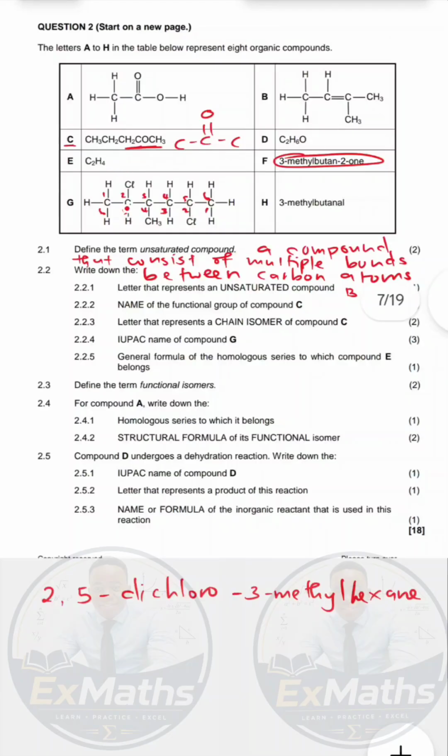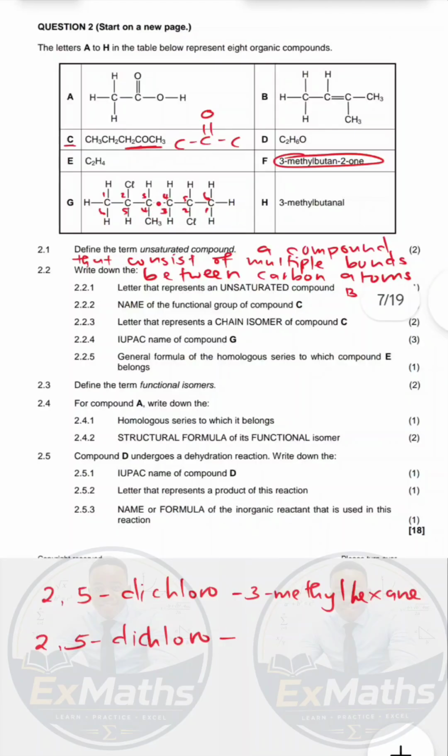The other one is now on carbon number 5. I'm using these numbers at the bottom. So it's going to be 2,5-dichloro again. You'll notice a slight difference here.